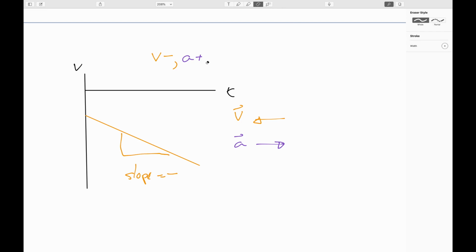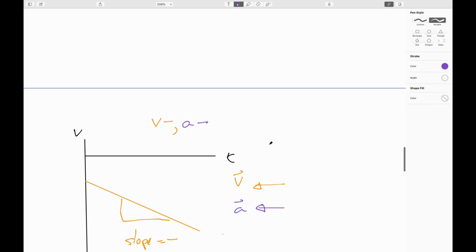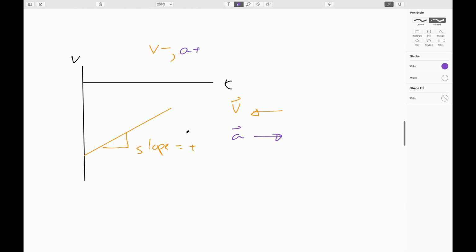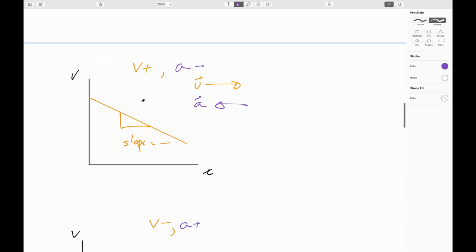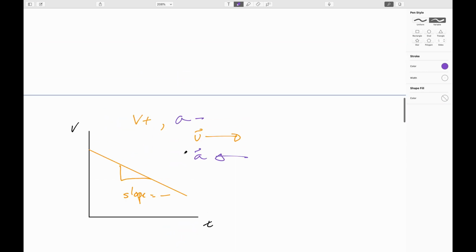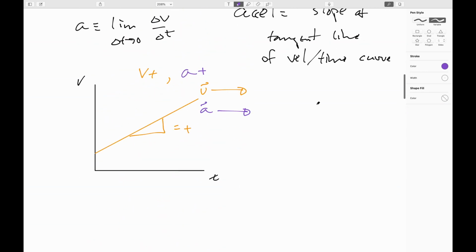So that tells us the acceleration is negative, which would mean the acceleration is pointing to the left. So this is consistent with what we've seen before. Speeding up, going to the left, the acceleration and velocity point in the same direction. Slowing down and going to the left, velocity and acceleration are anti-parallel. Slowing down, going to the right, they're anti-parallel. Speeding up, going to the right, they're parallel.